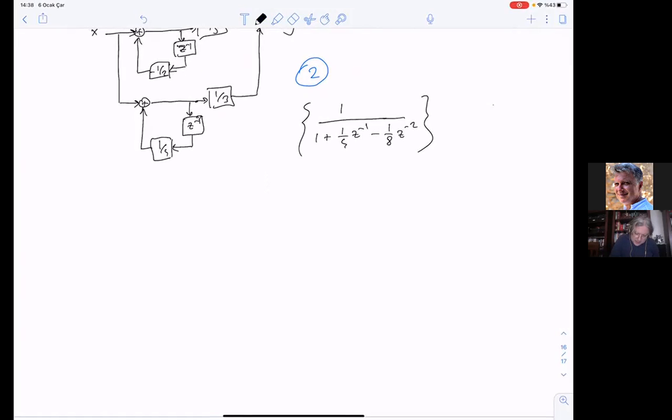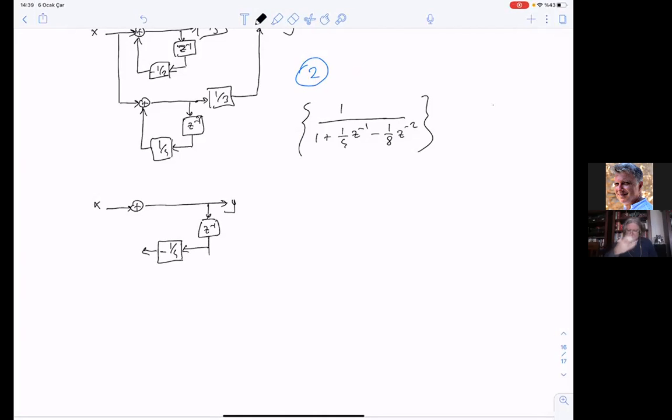We have an X coming in, and the output is Y, and Y is first delayed by the delay element, and its output is scaled by -1/4.